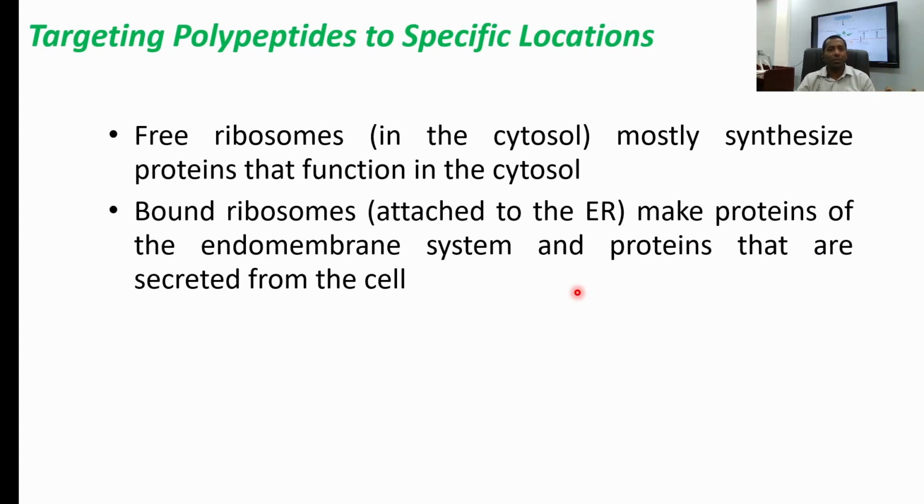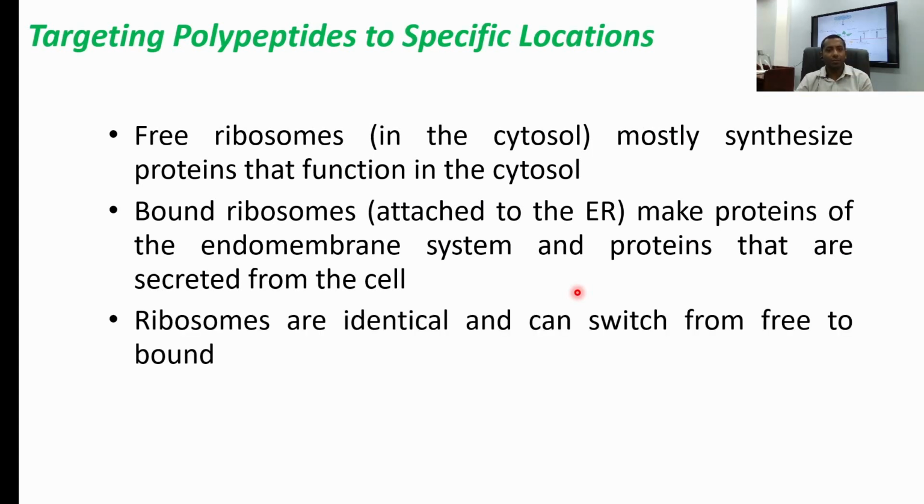These ribosomes are bound to the ER, the endoplasmic reticulum, and these ER-bound ribosomes make proteins of the endomembrane system and proteins that are secreted from the cell. ER-bound ribosomes and free ribosomes are identical, and they can switch between being ER-bound and being free.